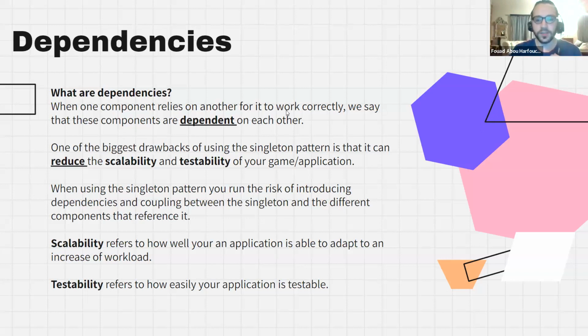So yeah, dependencies are not very good because they make it hard to scale and to test your game or application. What do I mean by scalability here? Scalability means if you want to add more features, more methods or properties to an existing class, or just add anything, how well does a component do as we add more features into our code and our game?